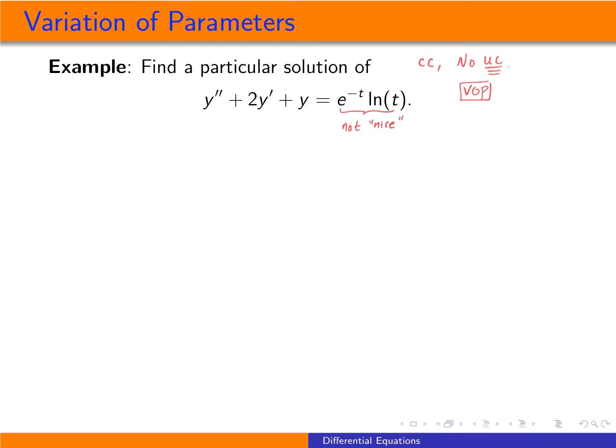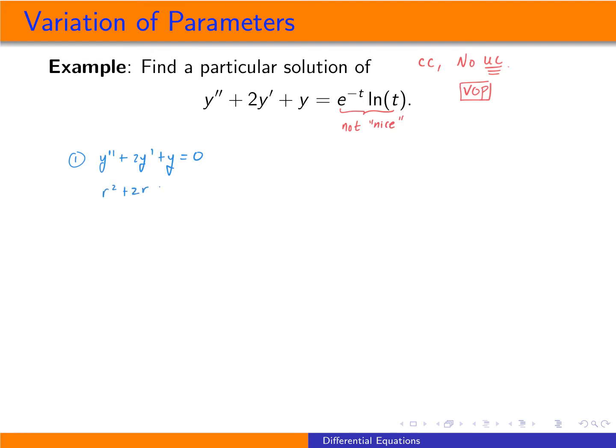In order to use variation of parameters, we start off with finding y sub c, regardless of whether we are asked to find a particular solution or the general solution. So to find y sub c, we solve y double prime plus 2y prime plus y equals 0. Second order, homogeneous, constant coefficients. Kind of the ideal scenario.